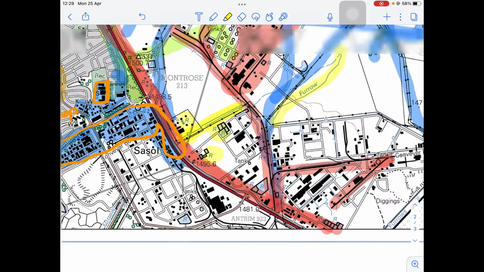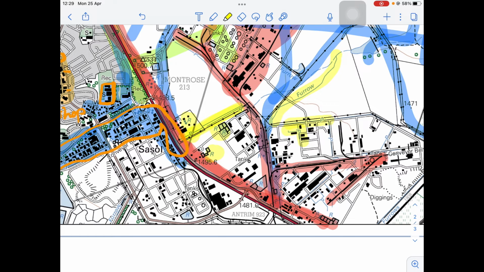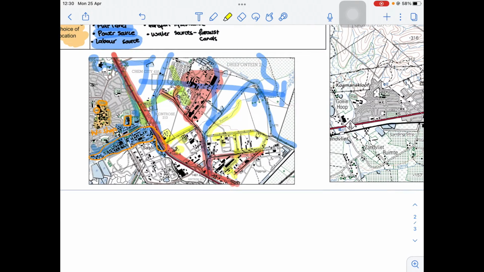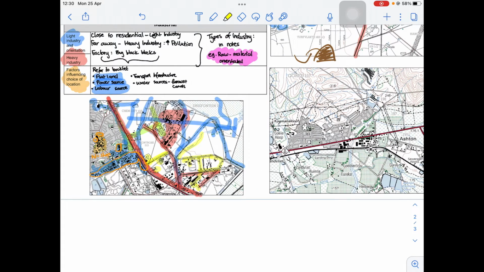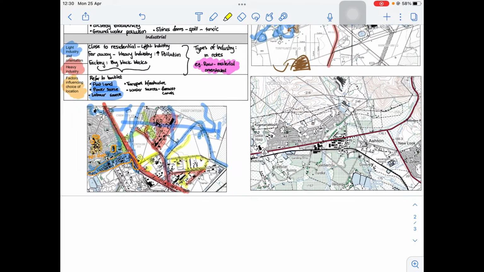You've also got pipelines as well, piping the water. So there's lots of pipelines bringing water into the industry, and that's also a really good indication of the setup of bringing water to that location, making that location ideal. So the question could be, what factors are benefiting the location of industry in this region?